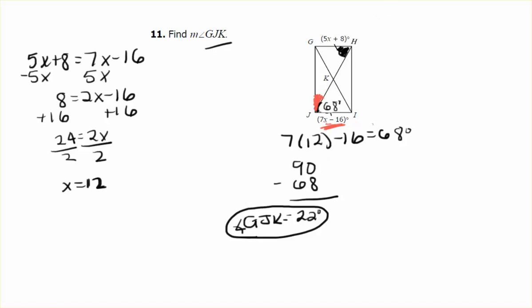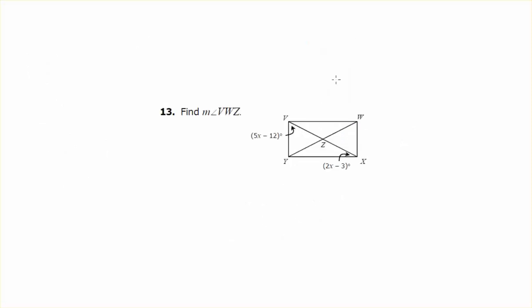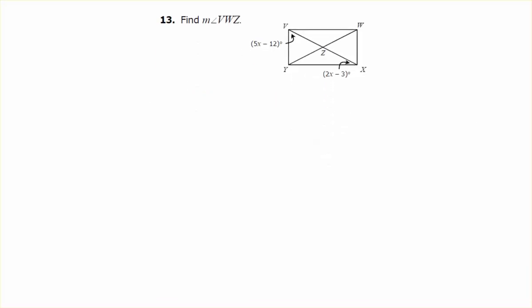So let's move on to our last problem then, number 13. Okay, so 13 is the same type of thing, it's just a little bit different. So if you notice, these two angles aren't on opposite sides of the line like 11 were.